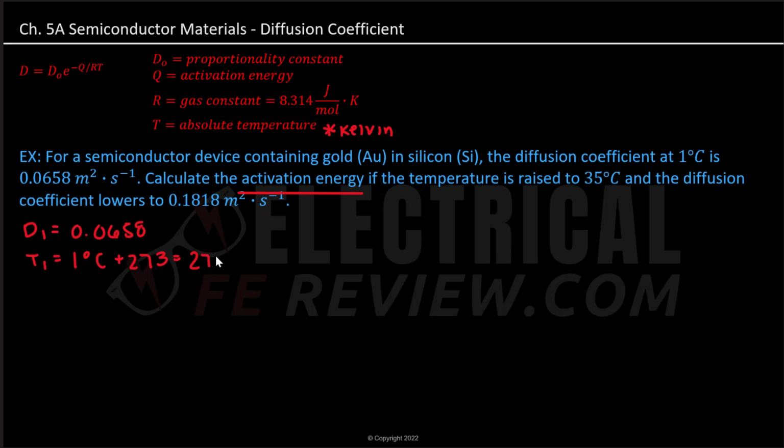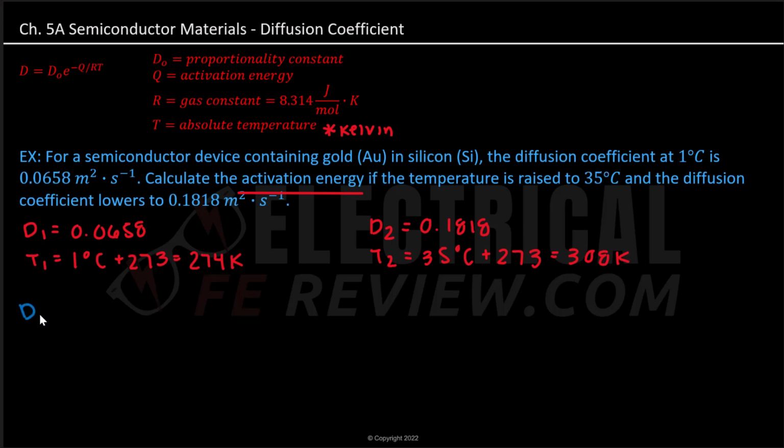So we have 274 Kelvin as our temperature. For our second diffusion coefficient, we have 0.1818, which is at temperature 35 degrees Celsius, and again adding 273 to convert to Kelvin, that gives us 308 Kelvin.